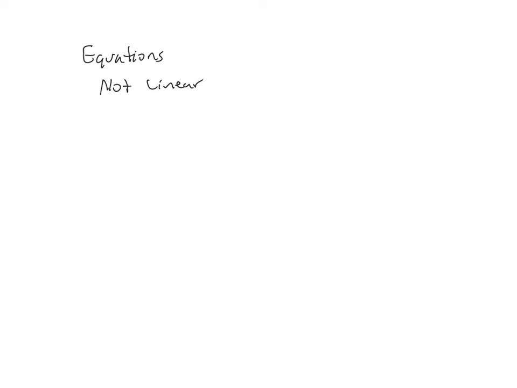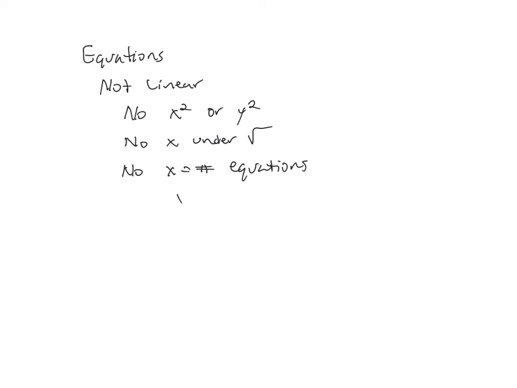So: no x squared or y squared, no x under a radical sign, no x equal a number equations, so no x equals 2. Y equal is fine, but x equal is not.